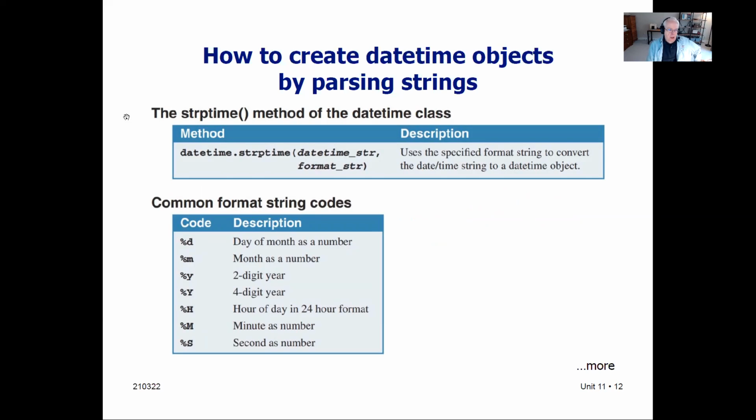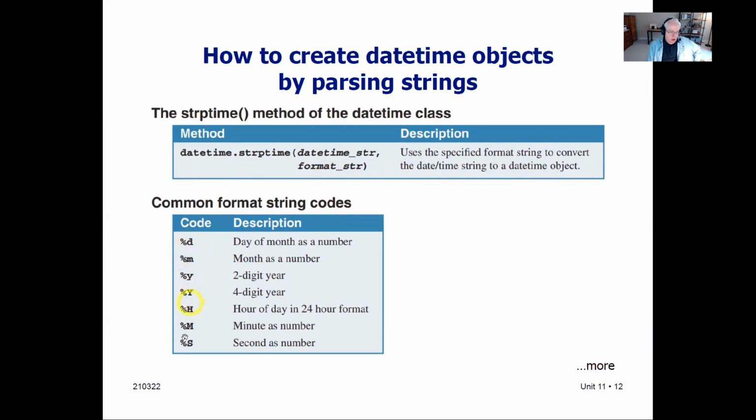But first off, let's take a look at the string parse time method. It is in the datetime class. We have to have that imported for it. So datetime.strptime, string parse time. First, we need the datetime string and then the format. Okay.